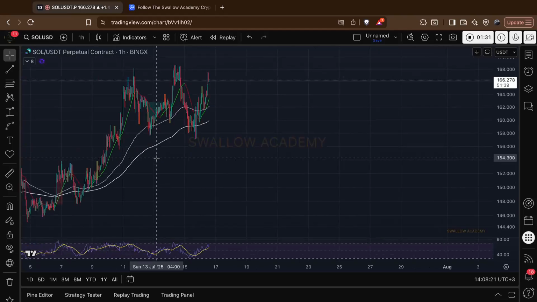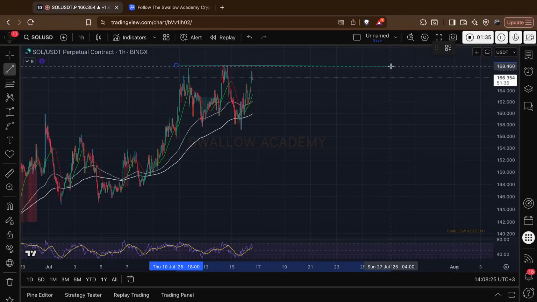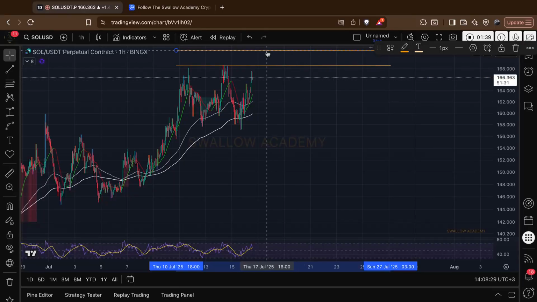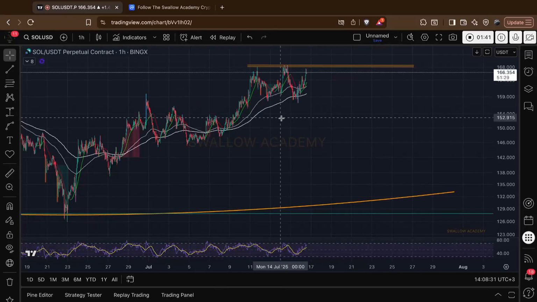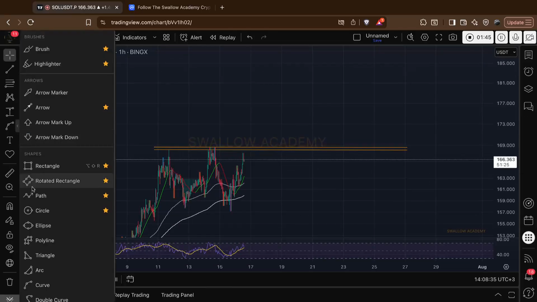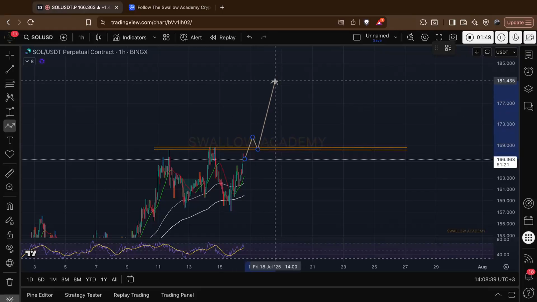So we go to the hourly time frame. We mark a local high zone here in a different color. This is the local high as of now, and what we want to see is a proper breakout from this area, which would mean that we need to see, once again, a breakout, retest, and another breakout.